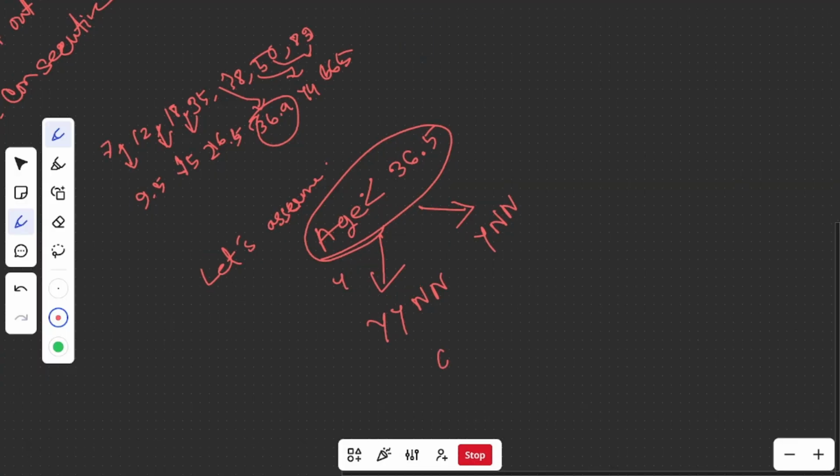So let's find out the Gini impurity of age less than 36.5.